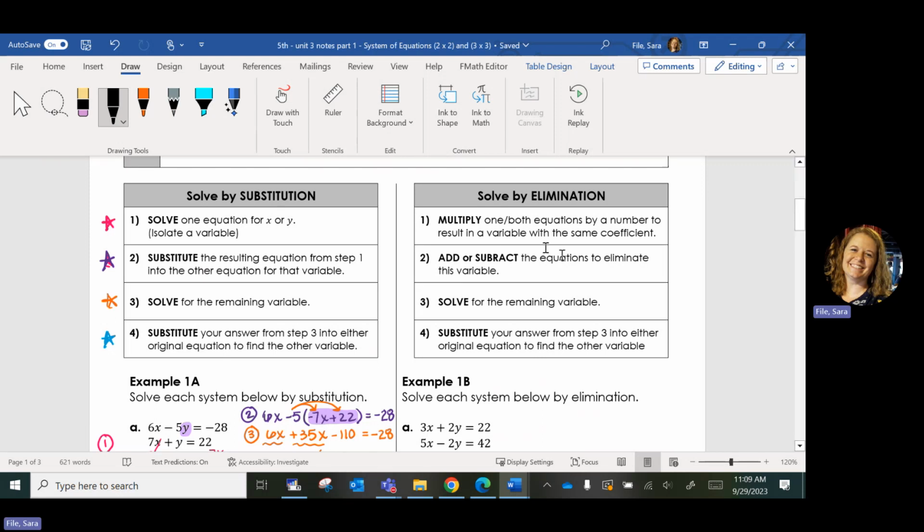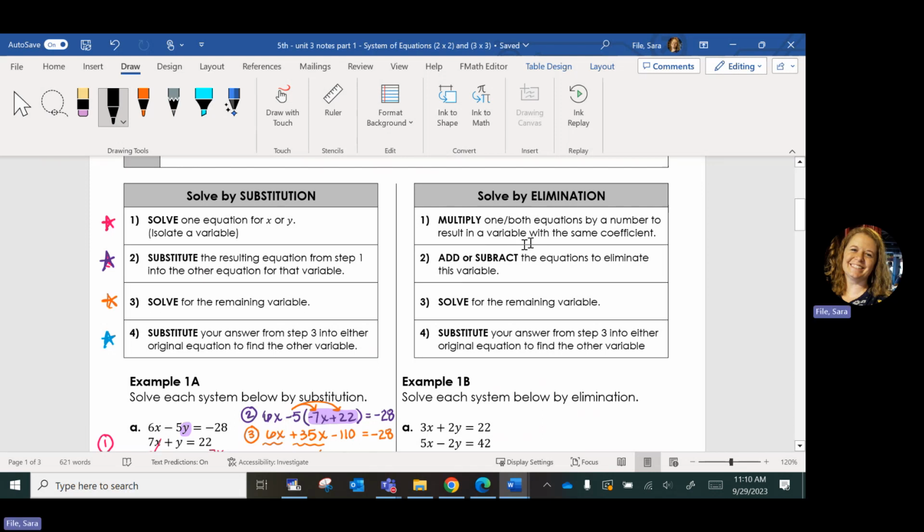Okay. Step 1 does not always actually have to be done. Sometimes your equations are set up in a way that you can jump straight into step 2, adding or subtracting the equations. Okay, so when we say to multiply one or both equations by a number to result in a variable, what's a variable?